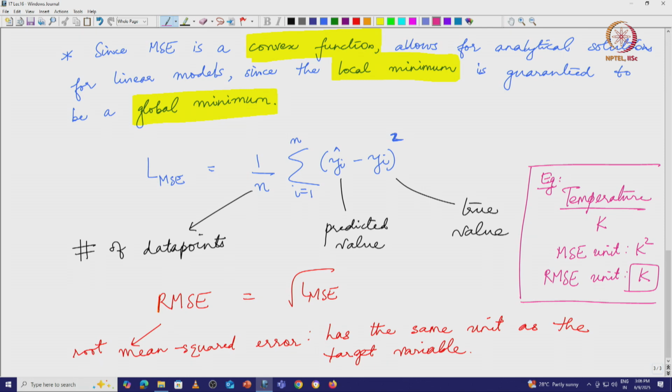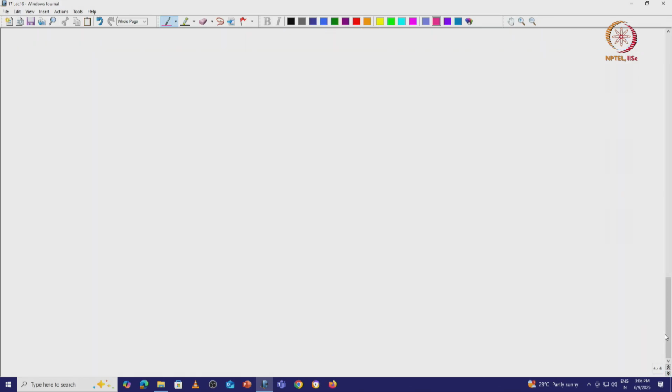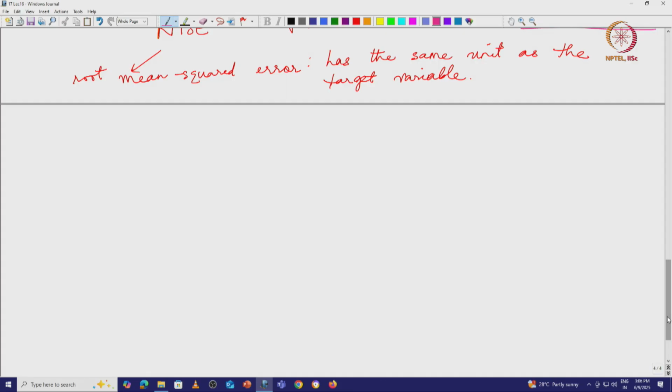Okay. So that is all about how the MSE is defined. Now there is one more advantage of MSE, and that is particularly nice from a statistical and probabilistic point of view. Let us see what that is.